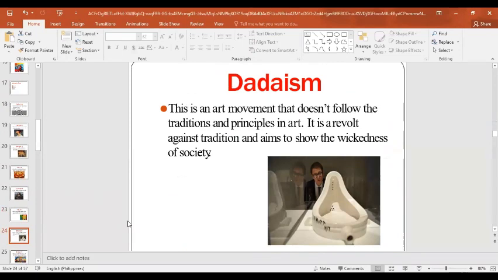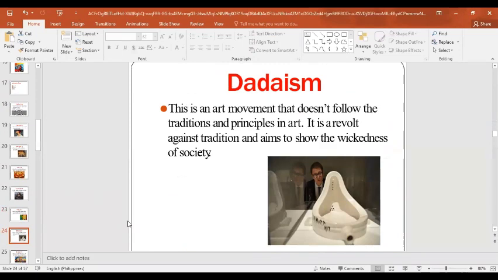So, kung mapapansin natin, when we talk about Dadaism, yung kadalasan na art piece na ginagawa dito ay nonsensical art movement or no sense. And ang gustong ipakita ng mga Dadaist dito ay yung kahinaan ng society na meron tayo.